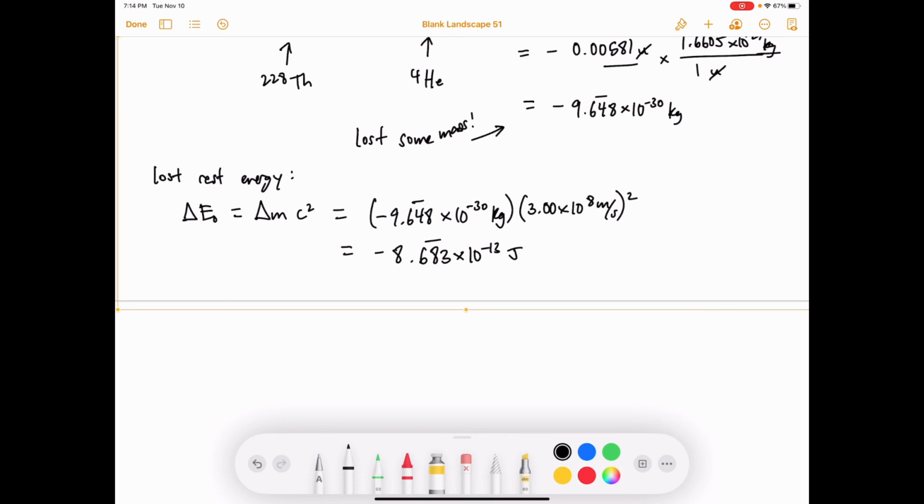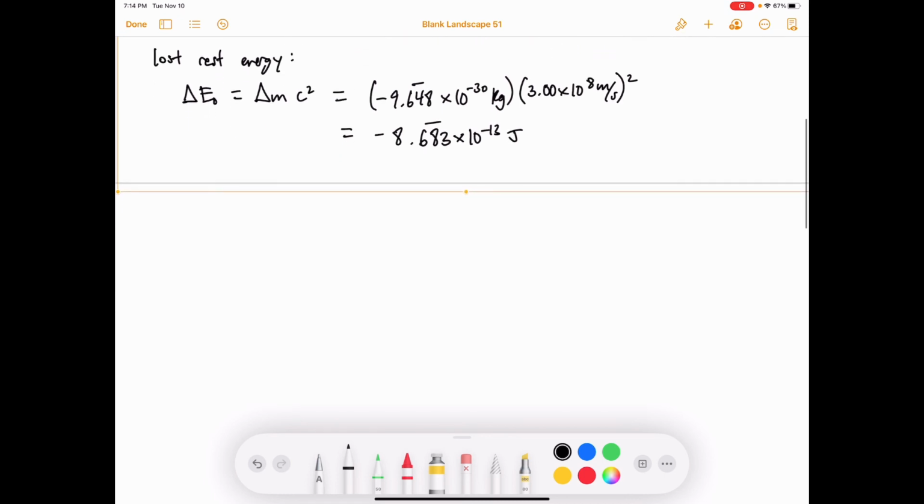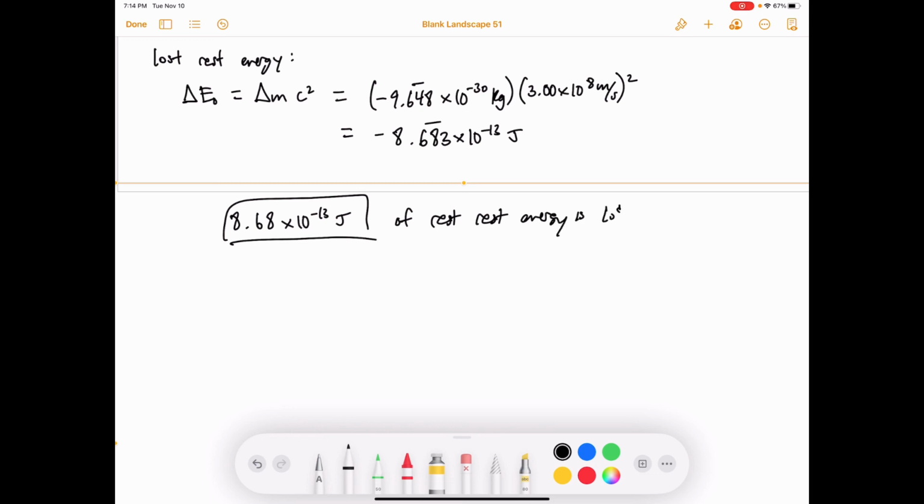Okay, so here's the idea. 8.68 times 10 to the minus 13 joules of rest energy is lost in each reaction. So every time there's a fission reaction like this, this is the loss of energy.